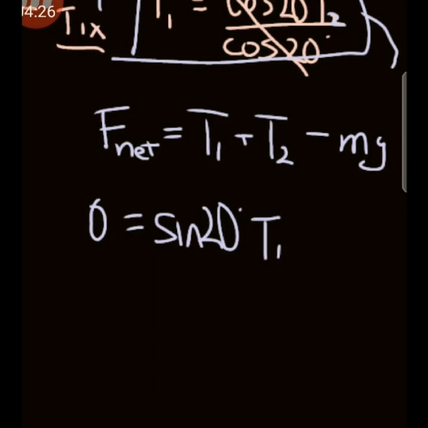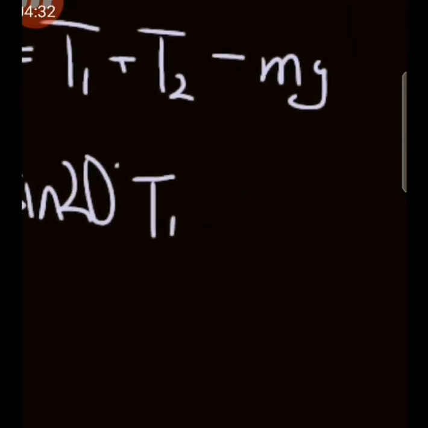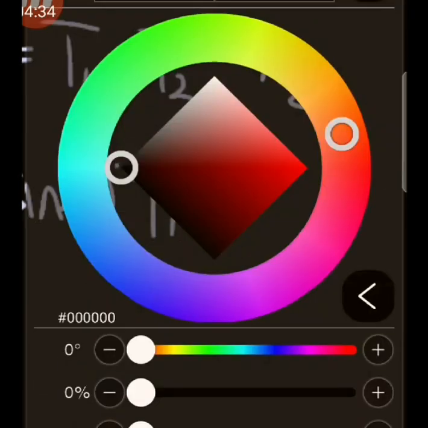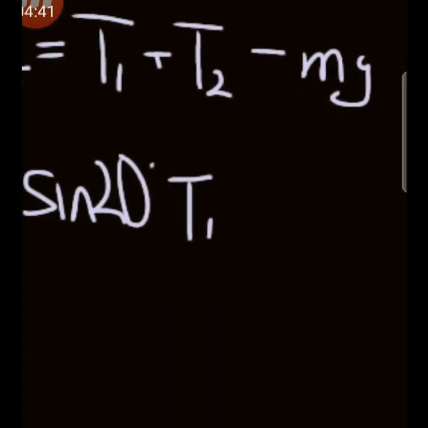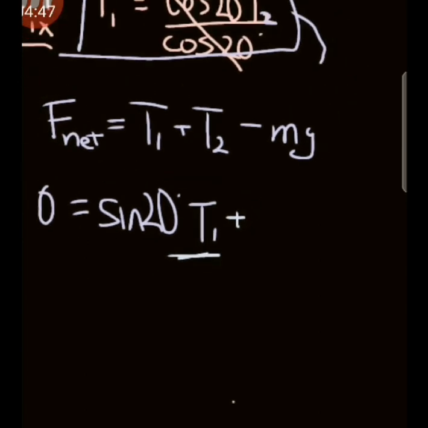So we want to equate tension 1 and tension 2, so that instead of writing tension 1 here plus sine tension 2, we could just write sine 20 tension 1 plus sine 20 tension 2, and then substitute it into the equation we got earlier.